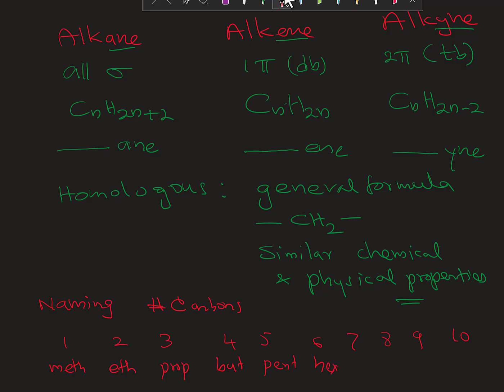And then you just remember 6 is hex, 7 hept, 8 oct, 9 is non, and 10 is dec. Now you have everything you need to name any alkane, any alkene, or alkyne, right?